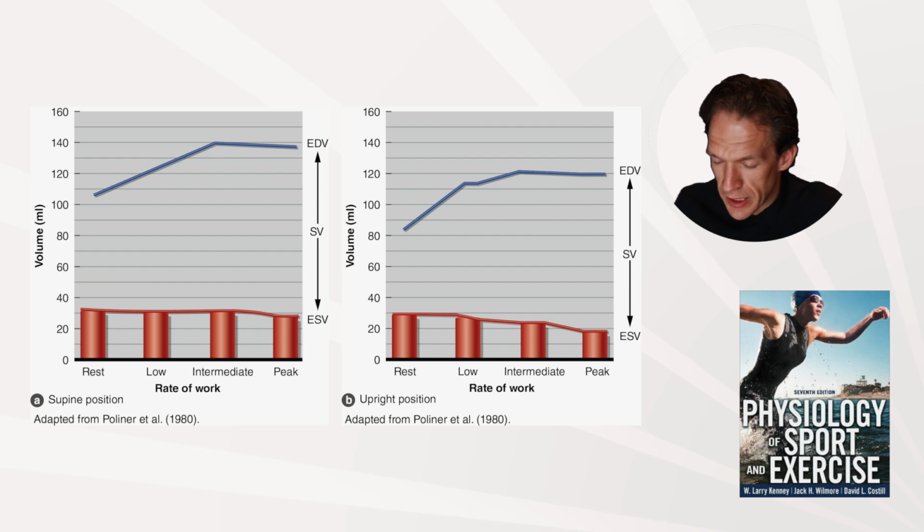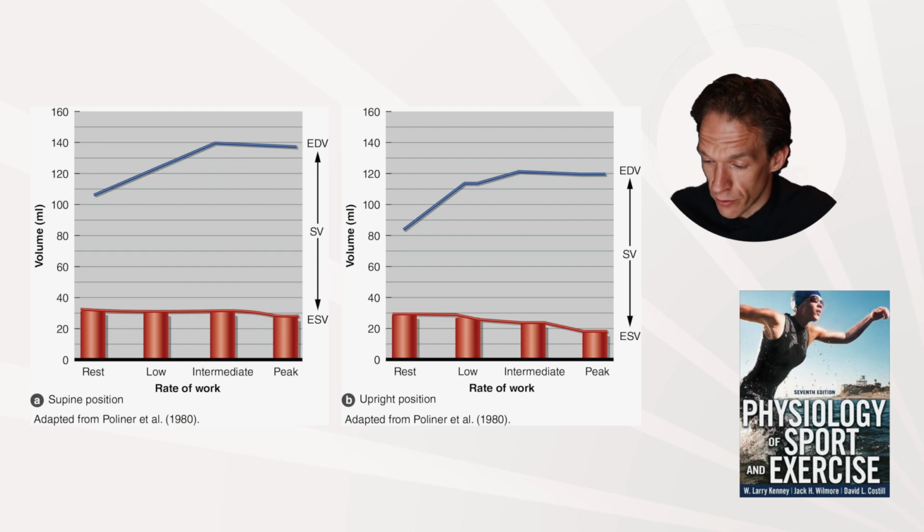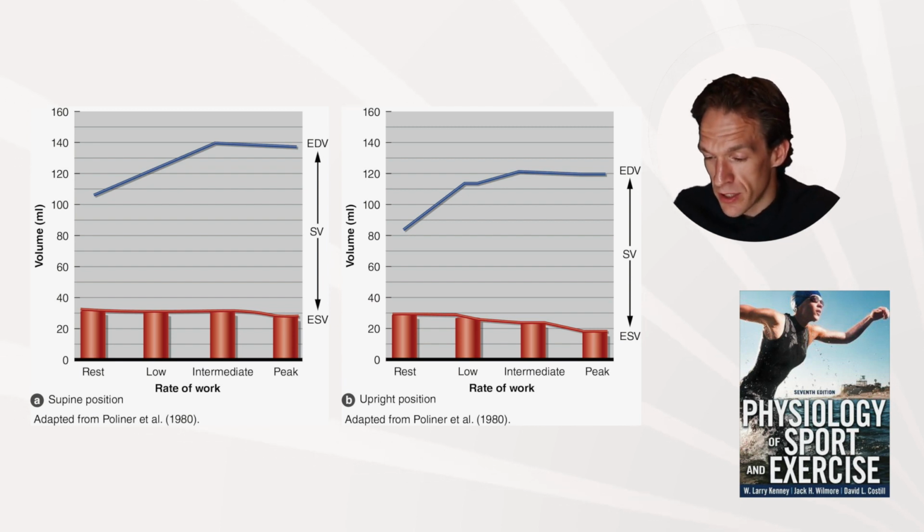An important factor to keep in mind is gravity whenever we look at stroke volume. So if you look at the difference in the stroke volume for supine positions versus the stroke volume in upright positions, you can see a difference, and that difference is mainly attributed to gravity.